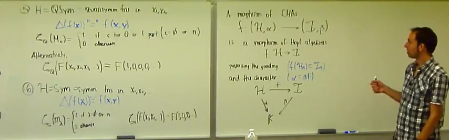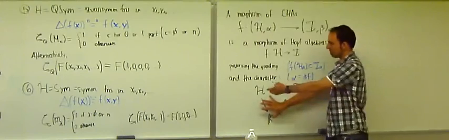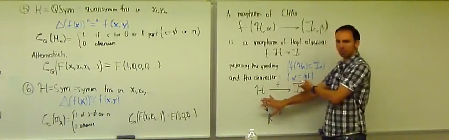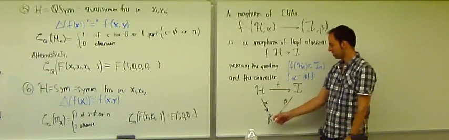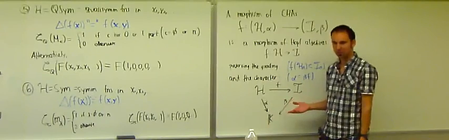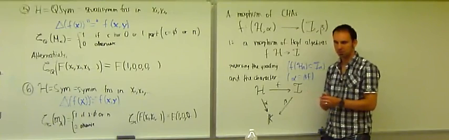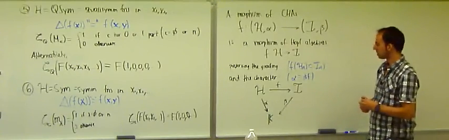Right. So the question is, if you have a morphism of the Hopf algebras, can you extend it to the character? And you'll see actually you can't. Right, so that's a good point.